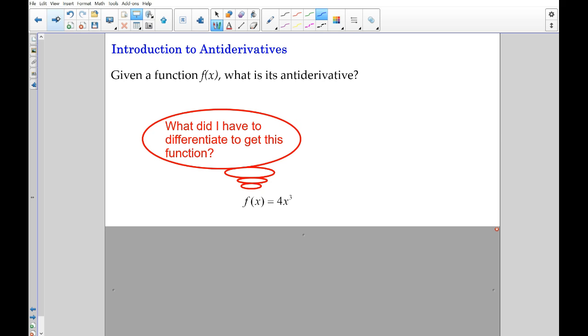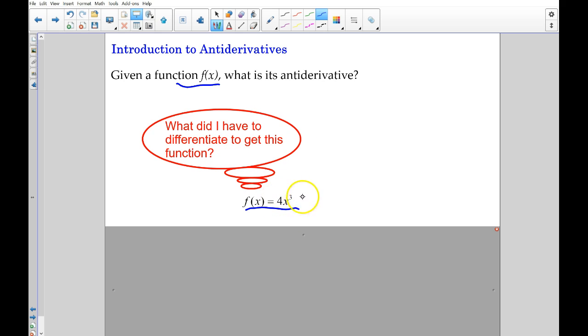So the question that we need to answer is, if we're given a function f of x, perhaps a polynomial or logarithm or trigonometric function, what is the antiderivative of that function? When I encounter a function that I want to antidifferentiate, I need to think to myself, what did I have to differentiate to get this function?